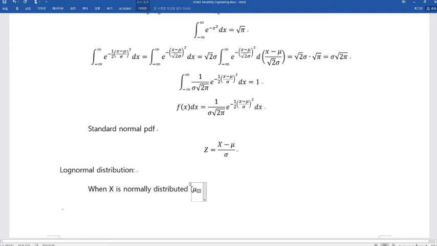To be consistent with our textbook, let's write this as t, so that the result can be consistent with our textbook.